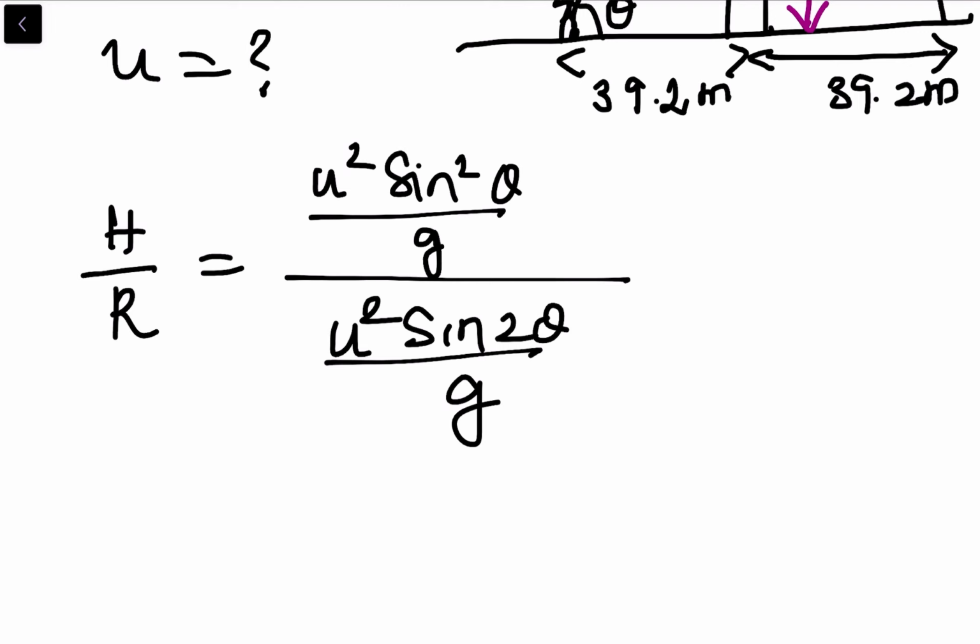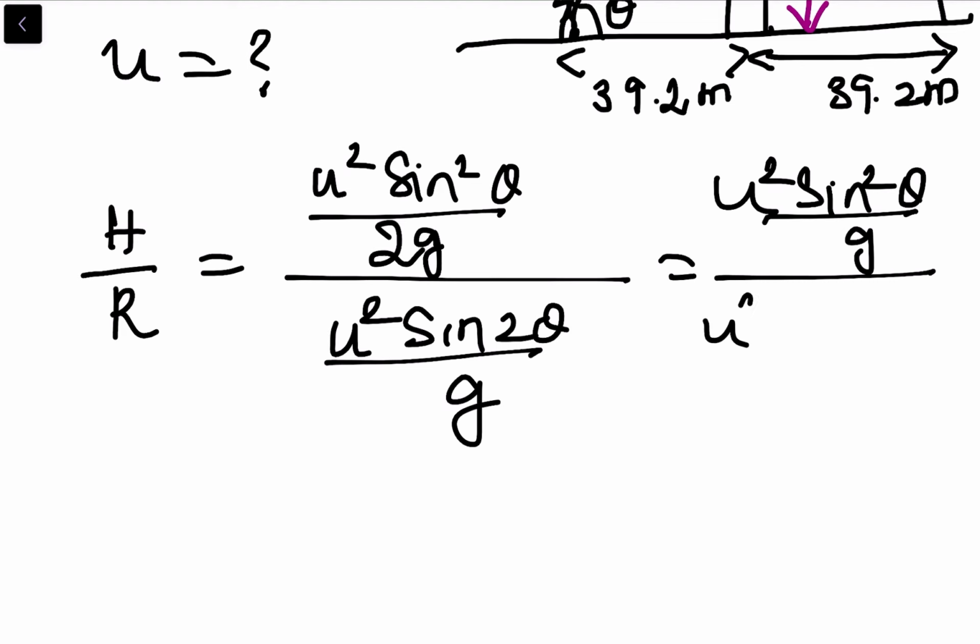H is u square sine square theta by 2g, and range is u square sine 2 theta by g. Now it will be u square sine square theta by 2g whole divided by u square 2 sine theta cos theta divided by g.